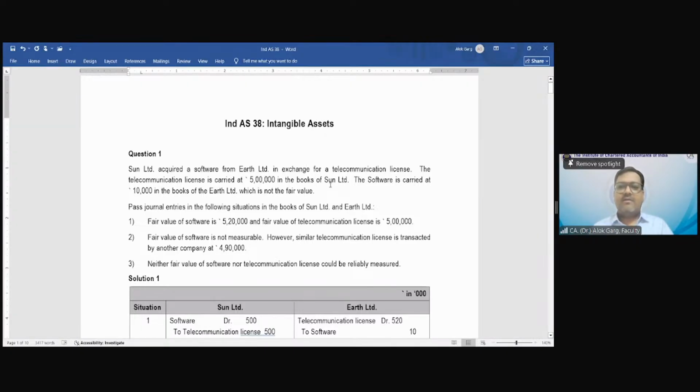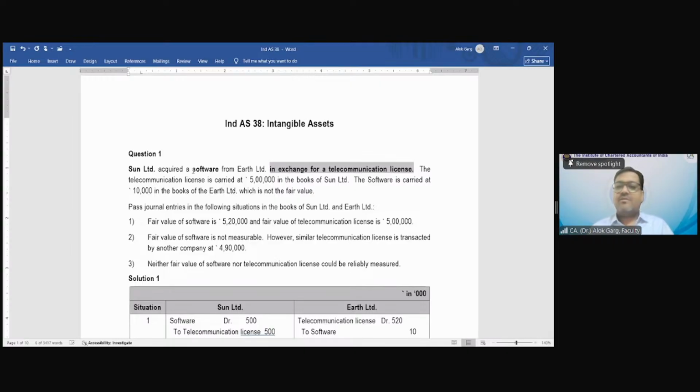So what is the intangible asset this company is acquiring? First only talk about Sun Limited. Which intangible asset is Sun Limited acquiring? Software. Okay. Sun Limited is acquiring a software from Earth Limited in exchange for a telecom license.